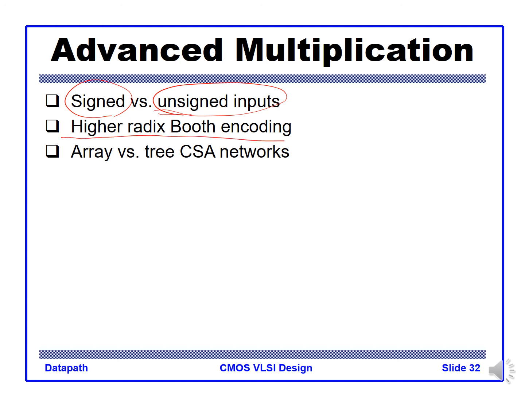So sometimes higher radix Booth encoding is used rather than radix 2 so far. And array versus tree CSA networks are also present. All these complicated things we are not going to cover in this lecture. If you're interested, you can find it in the text. Google it, find the paper, and look it over. Okay.